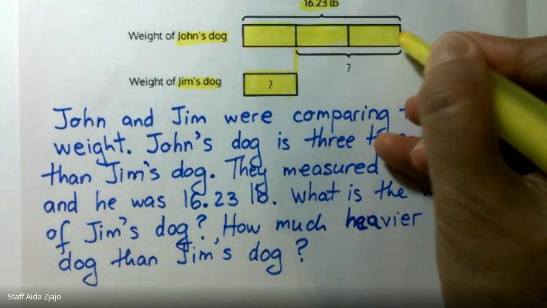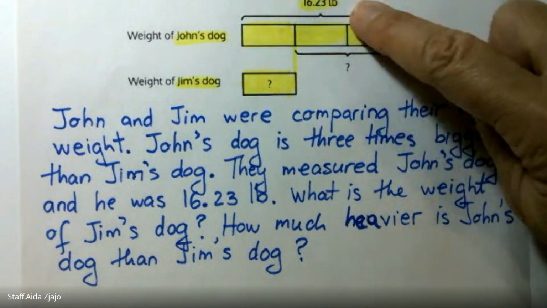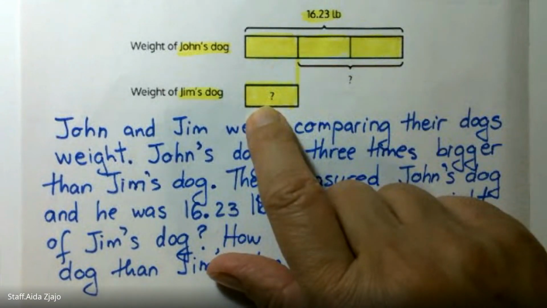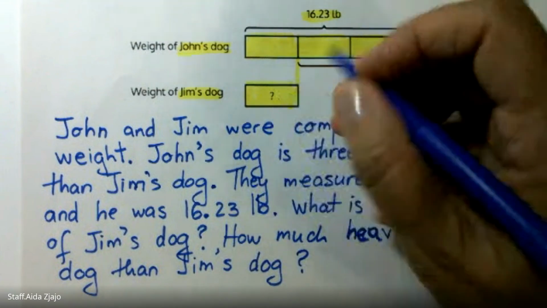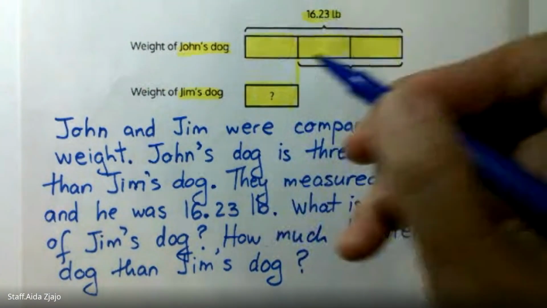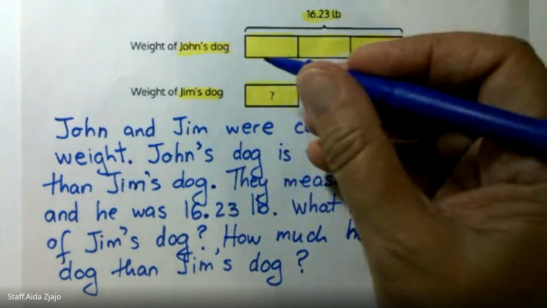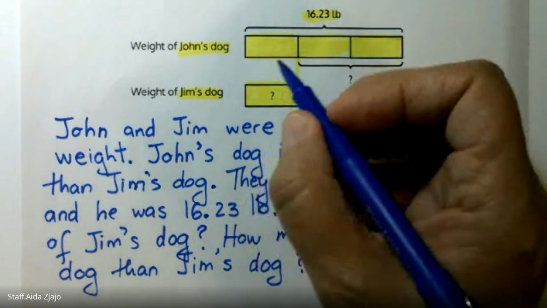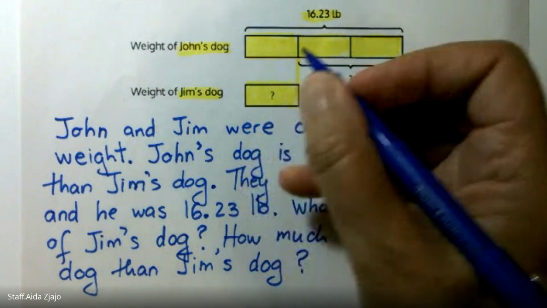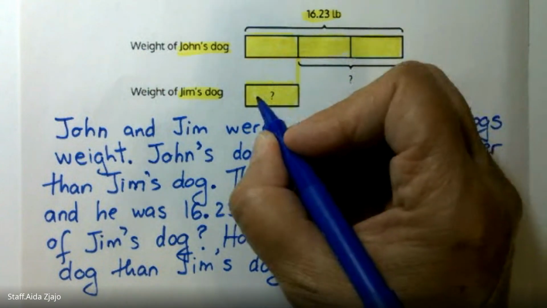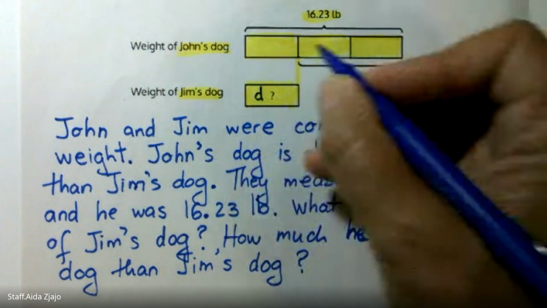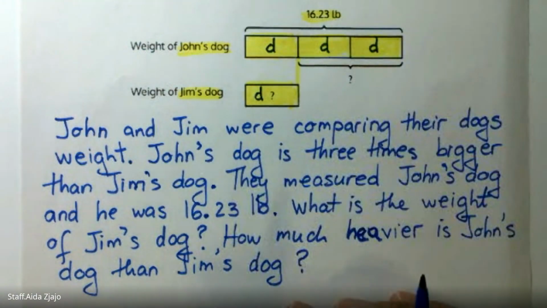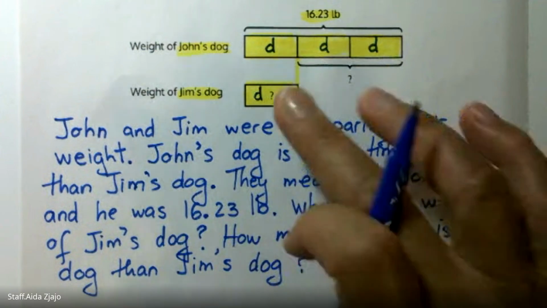If we divide this into 3 parts, we can find how much is one part, because each is the same part. If this is Jim's dog, let's label it D, just D. So this is D, so is this, so is this. All are the same value.